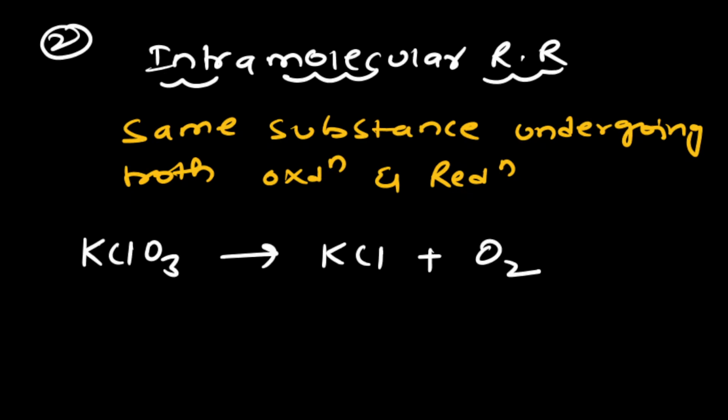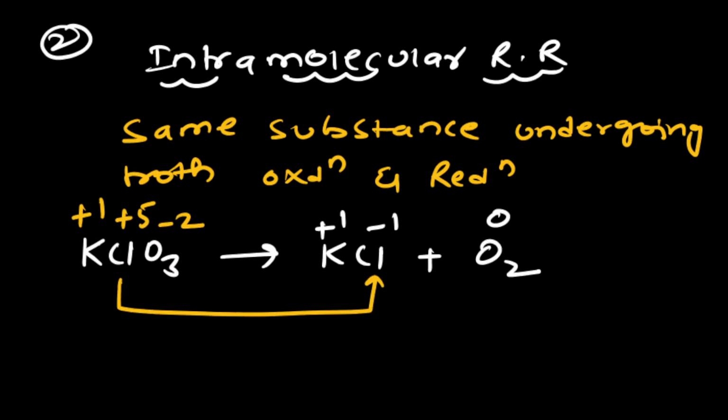Don't think about the balancing, just see. Here the potassium oxidation number is +1, chlorine oxidation number is +5, oxygen oxidation number is -2. In the product the potassium oxidation number is +1, chlorine oxidation number is -1, oxygen oxidation number is 0. Now from this chlorine to that chlorine, is it loss of electron or gain of electron?